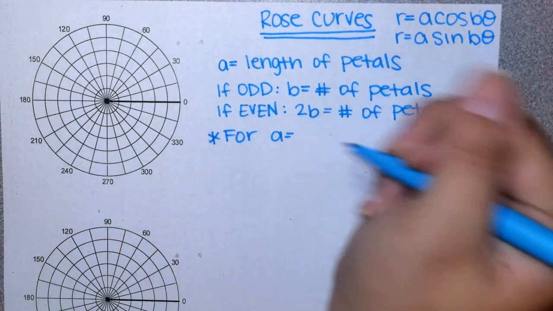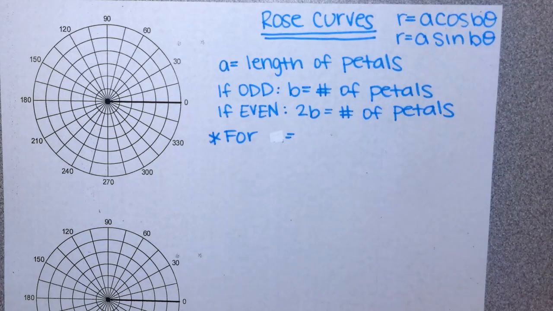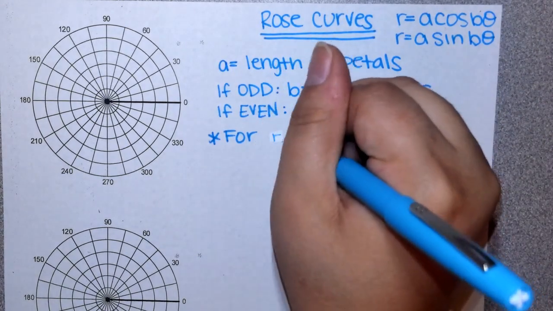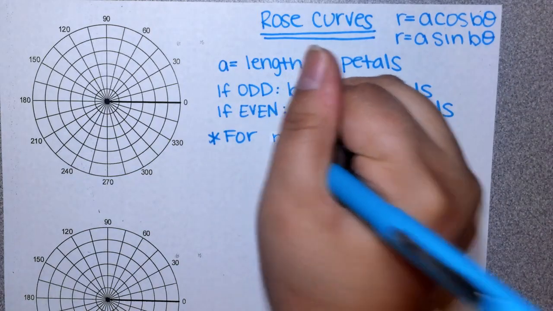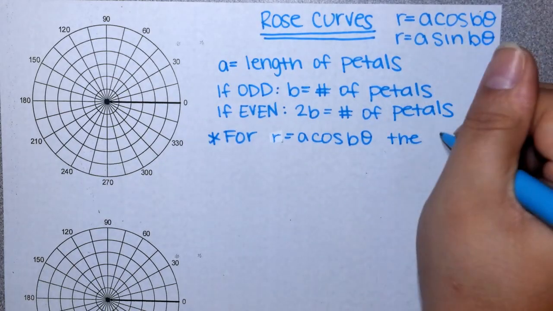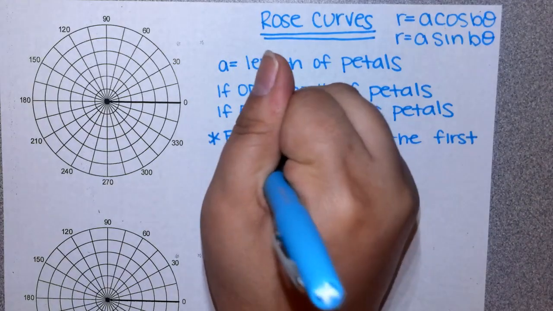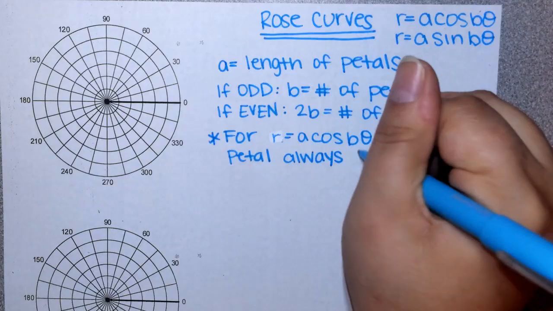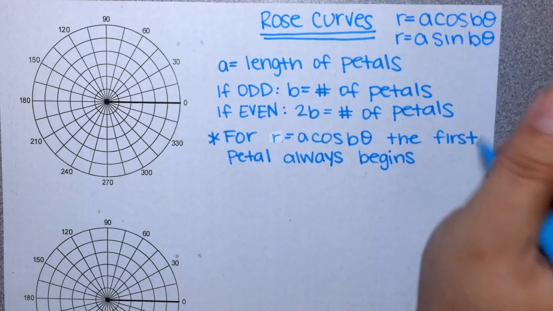For R equals A cosine of B theta, the first petal always begins, where did it always begin at?